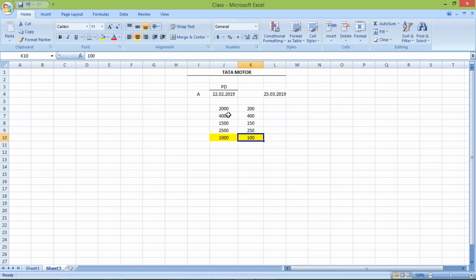Why? Because once the audit happens, whatever TDS you deposit, you will have certain slips, certain challans and so on. Once the audit is happening, the auditor will see that the total transactions are worth 11,000, total TDS deducted is 1100, but total TDS deposited is how much?